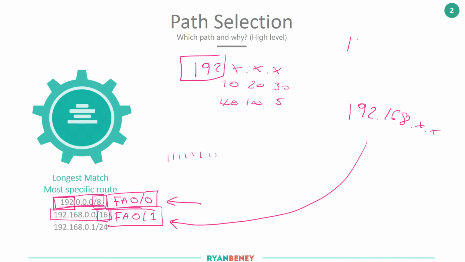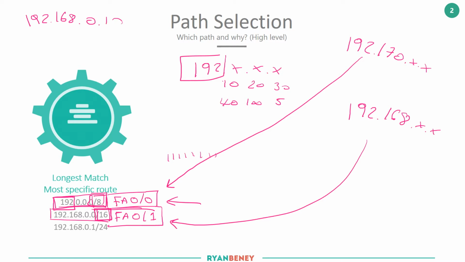However, if it was 192.170.x.x, well, it doesn't match this /16, so it falls back to the /8, and it would take FastEthernet 0/0. And now let's say we have 192.168.0.0/24. If the destination is 192.168.0.10, well, it does match the 8 here, but it also matches the 16, and it also matches the 24.